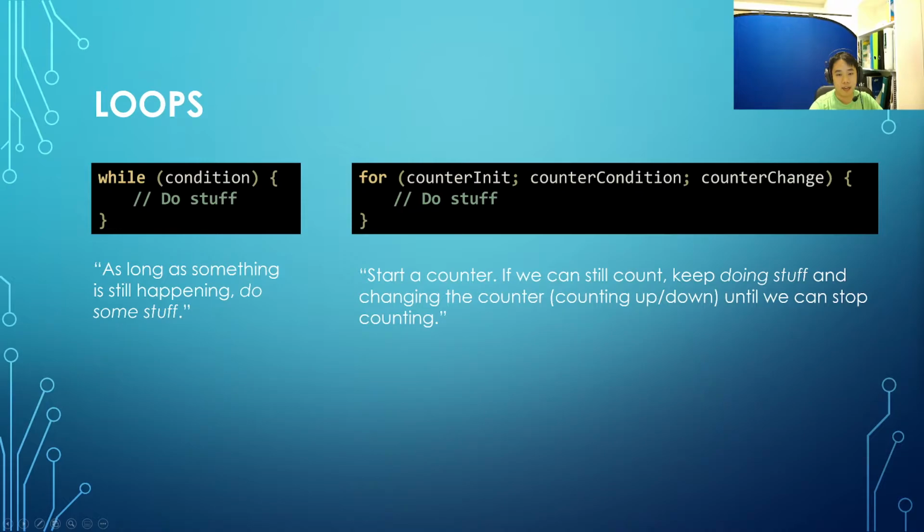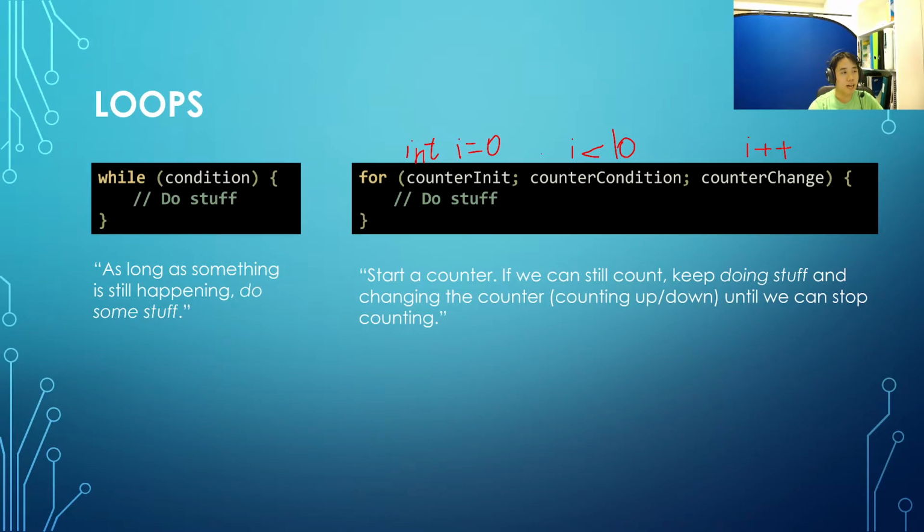For example, we have i as an integer, i equals 0. Then I want to keep running as long as i is smaller than 10. And how I'm going to change the i after each loop is I'm going to add 1.